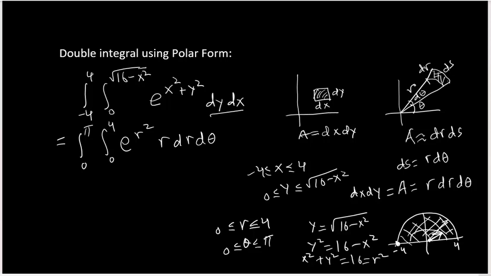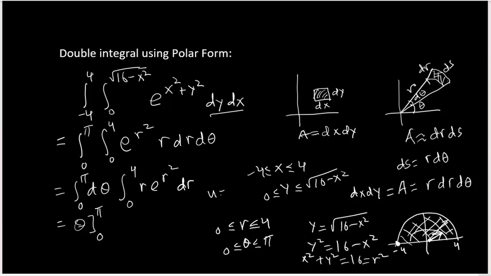Now this integral is separable. I can write 0 to pi, that goes with theta, and then I have 0 to 4 r e to the r squared dr. So the first part goes from 0 to pi for theta, and then this one, r e to the r squared dr, you can go with u substitution. You say u equals r squared, and du will be 2r dr. So then r dr you can replace by 1/2 du.